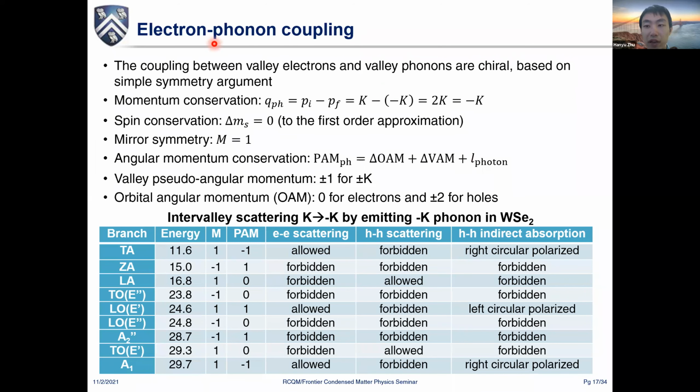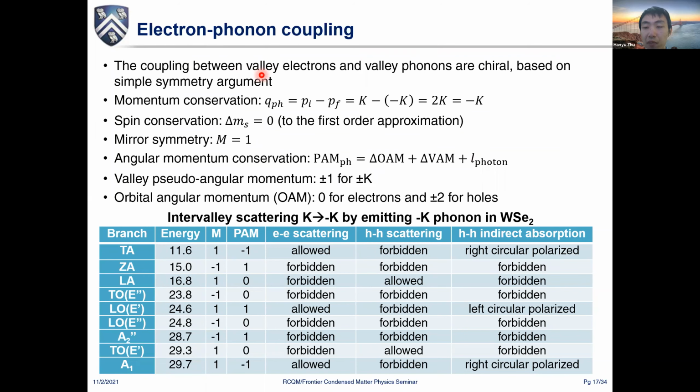So we talked about chiral phonons in 2D materials. We talked about how the electrons in these materials look. Now let's finally discuss what's the electron-phonon coupling. This is the mechanism by which we probe these phonons, because electrons are easier to manipulate than phonons.